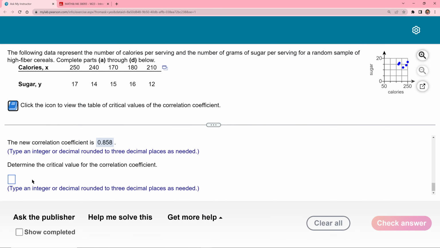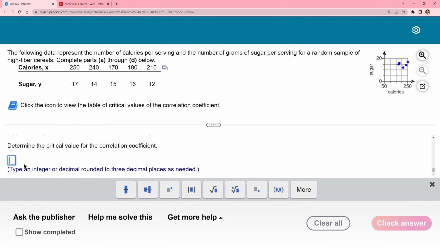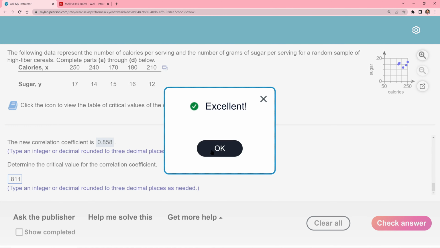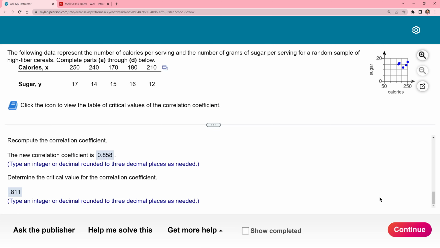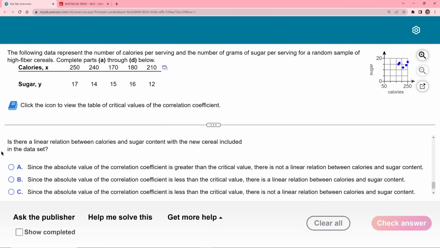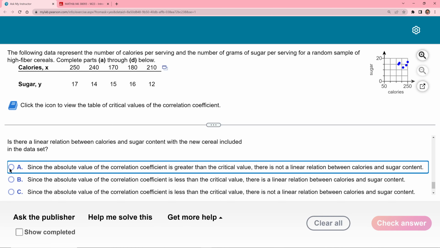And since the R is more than that, we can go on and say that there is going to exist a relationship now since it's greater than the critical value.